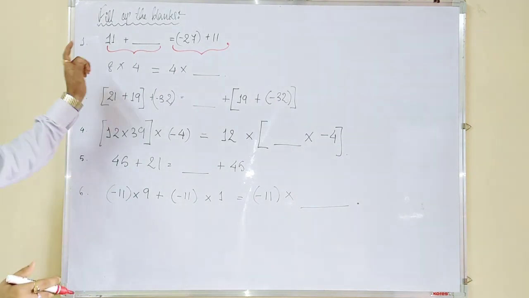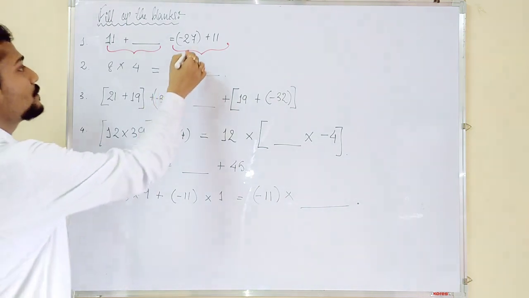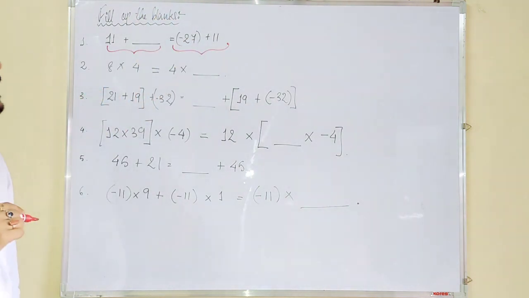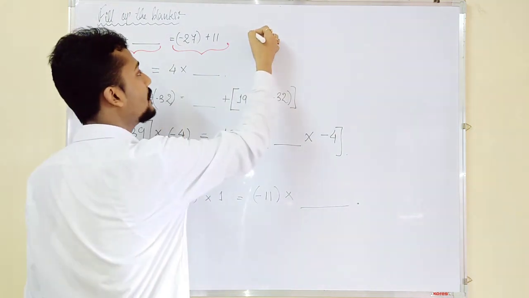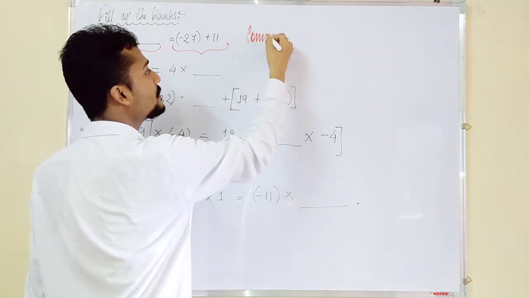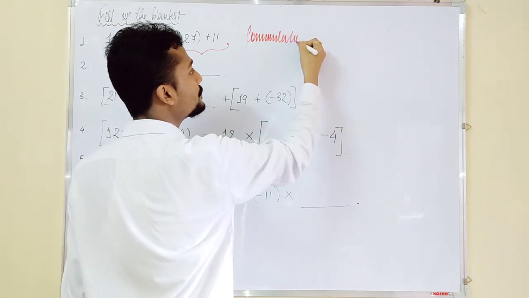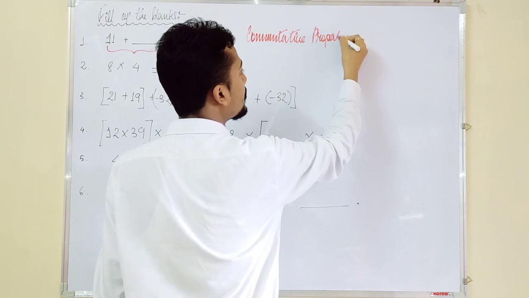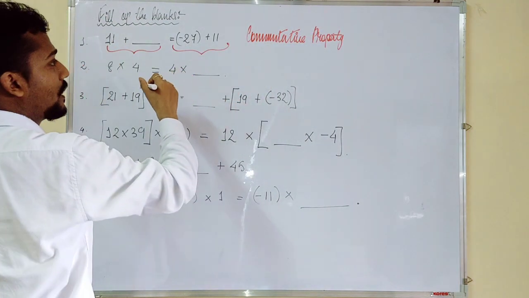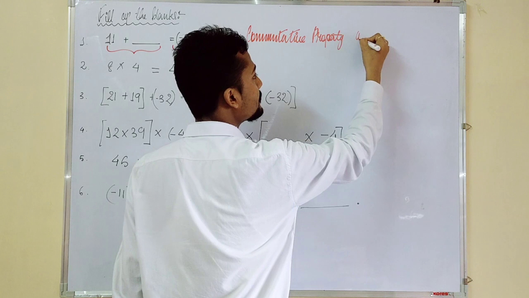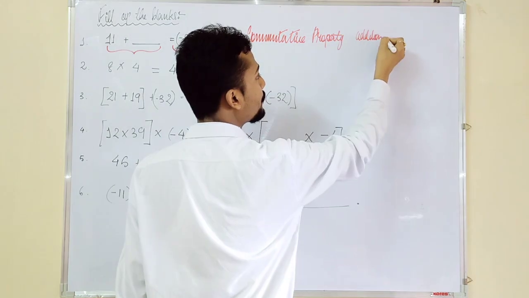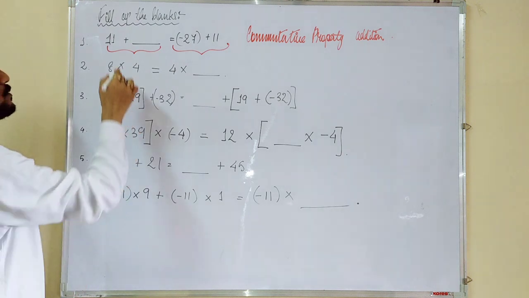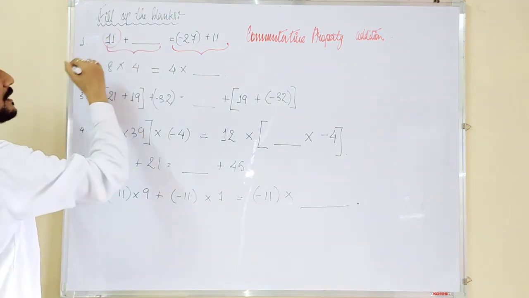Fine. So 11 plus dash is equal to minus 27 plus 11. If you see this particular question, it looks like commutative property, is it not? Commutative property of addition.